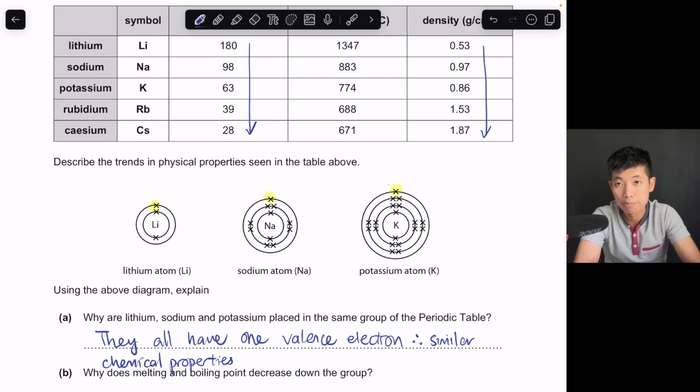For those of you taking pure chemistry, you will know that in metallic bonding, we are talking about the electrostatic forces of attraction between the metal cations and the sea of delocalized electrons. If the valence electron is further away from the nucleus, the electrostatic forces of attraction between them are weaker.